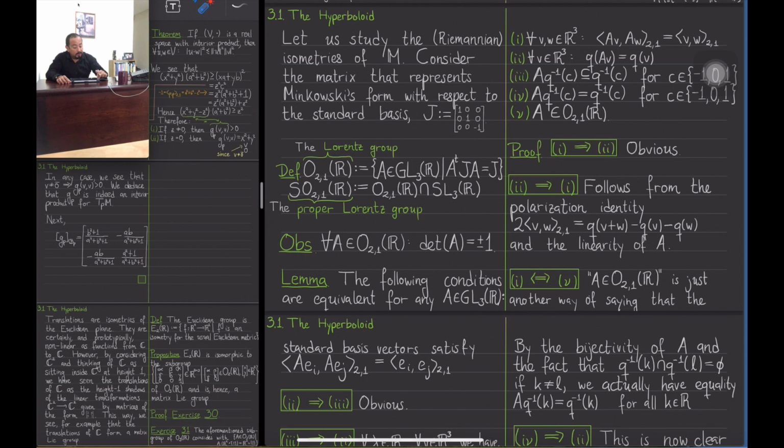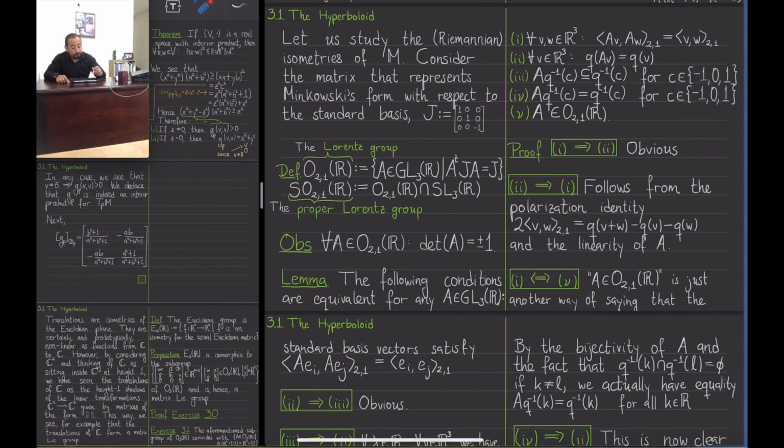Okay, and then just as we did with SL2R and then with SU11, we characterize those invertible matrices that actually belong to O21 in terms of their action, in this case in Minkowski's space.